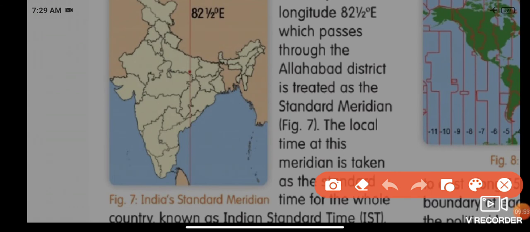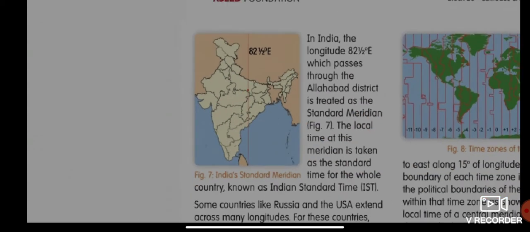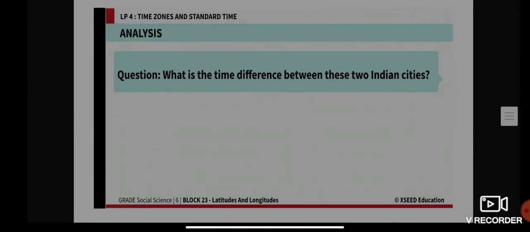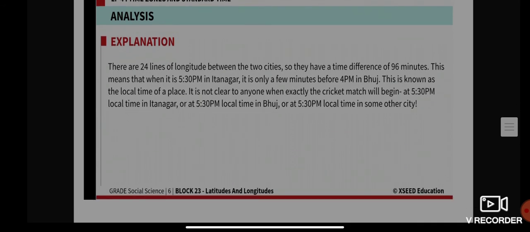Suppose one city is located here, and another city is located here, and there's a cricket match that is going to be held at 5:30 p.m. at Itanagar. If we calculate the local time elsewhere, time differs from one place to another, so there may be a delay. So in order not to get confused, what we do here is we use standard time.